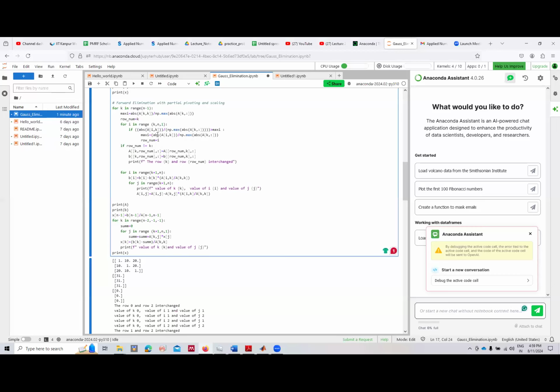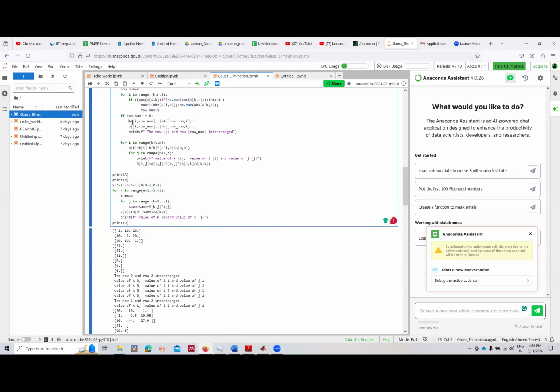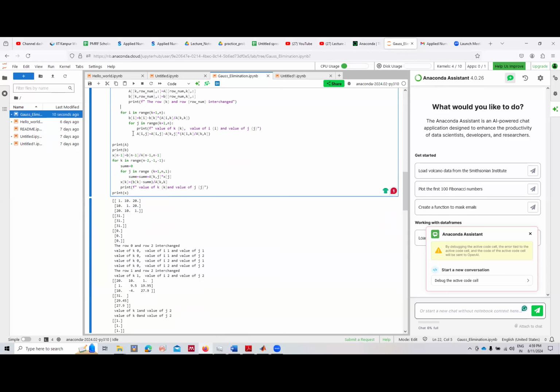Once I have done that, I will get the row number that has the maximum a_ik divided by the maximum value in the same row. Then I will replace the kth row with the row number we have found, for both A and B.